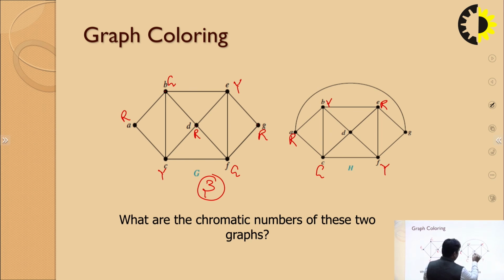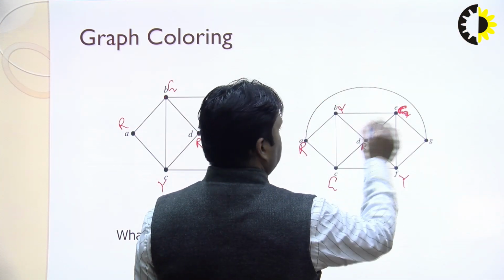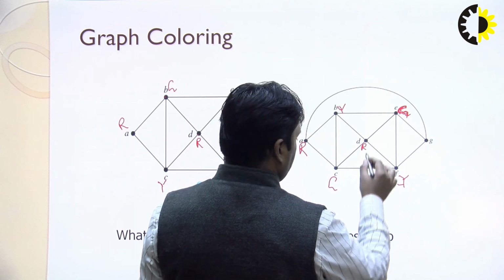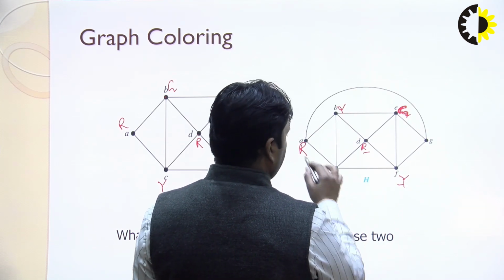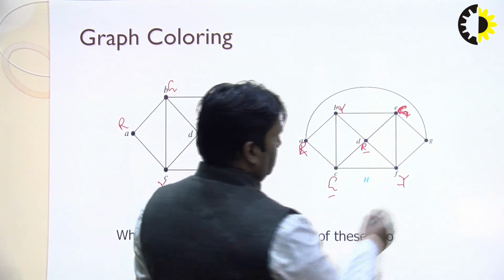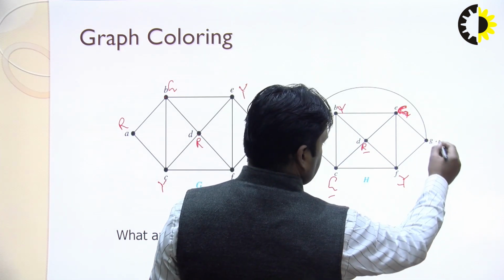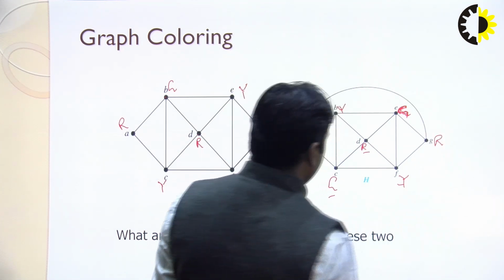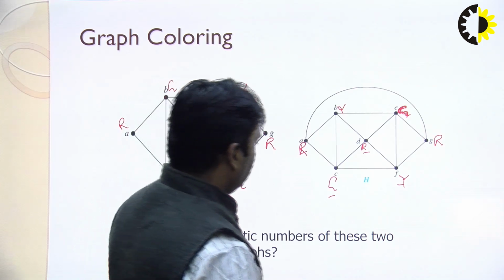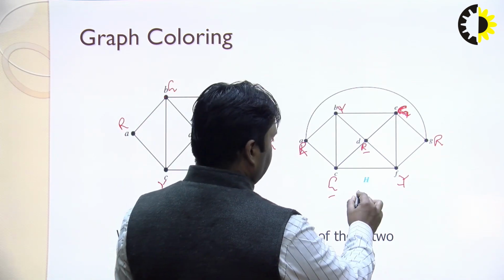If we assign red here, then green, this goes with green, and yellow. Green, yellow, red, green, red, and this can be assigned with red. Means the chromatic number of this graph is also 3.